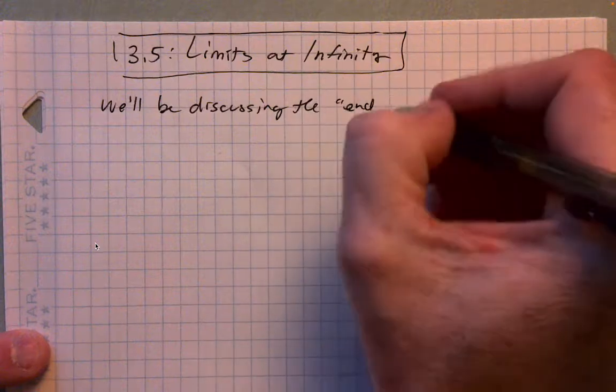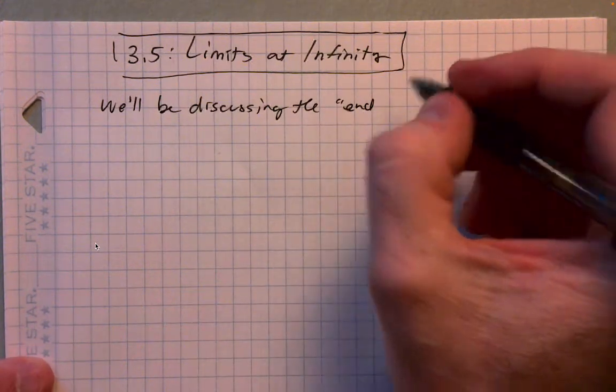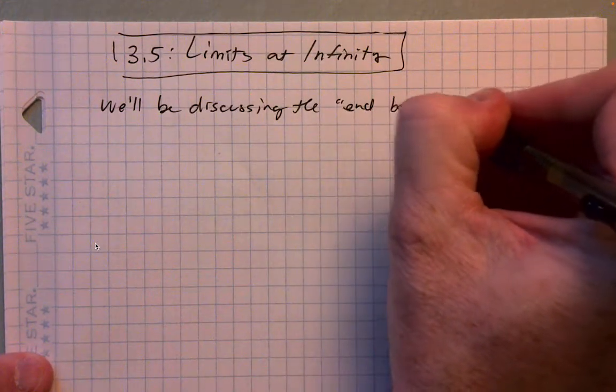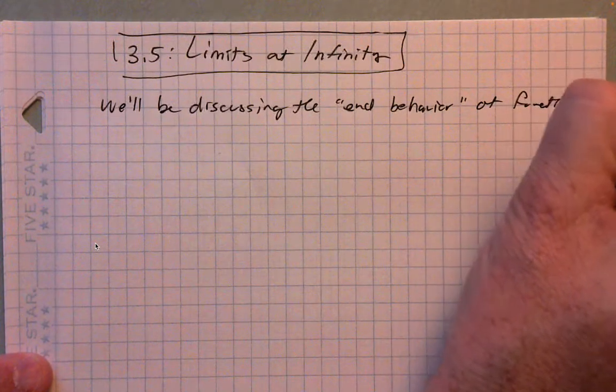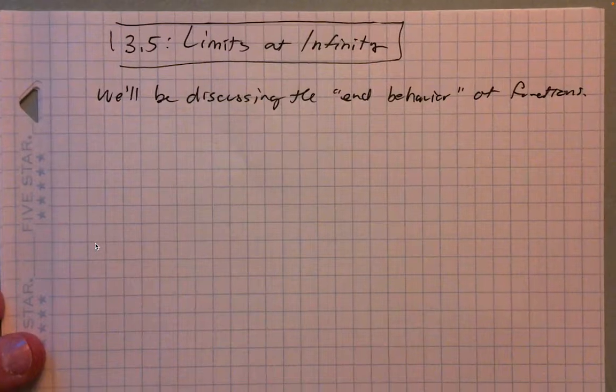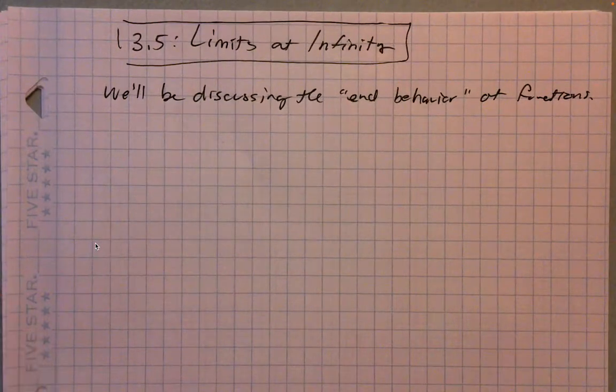That's the term typically used for this, the end behavior of functions. Sometimes the end behavior has a particular character, and sometimes it has another. So we'll get into some of the things that can happen with functions as we tend towards more extreme values.